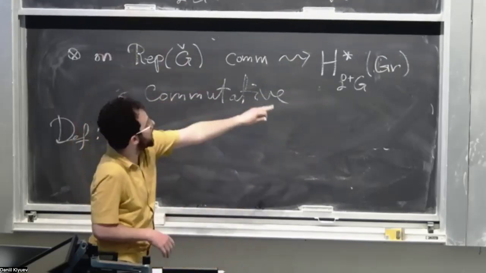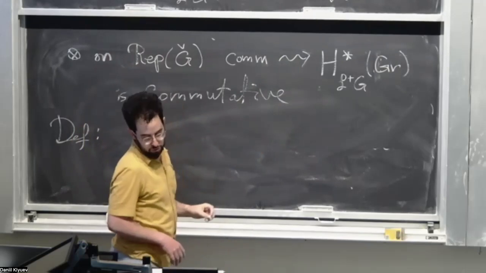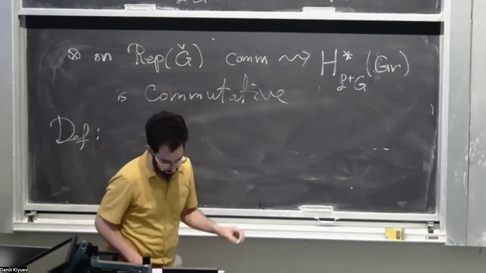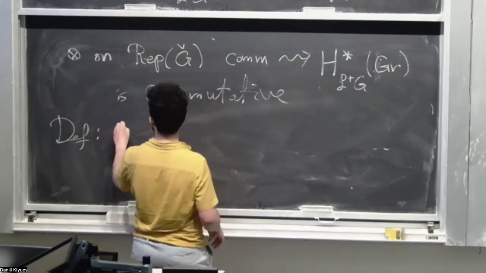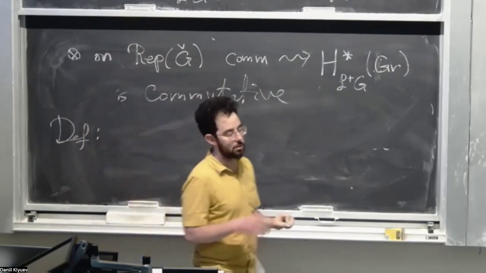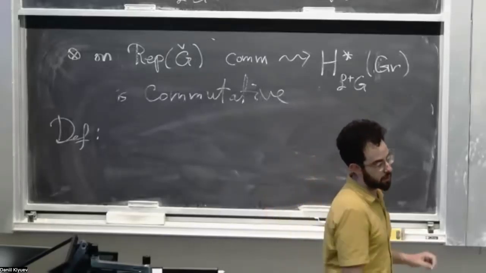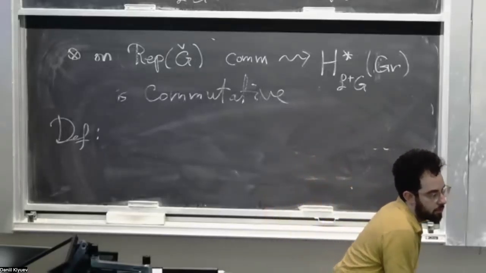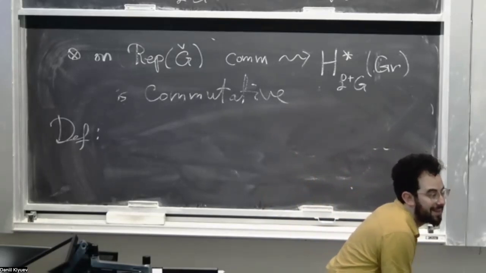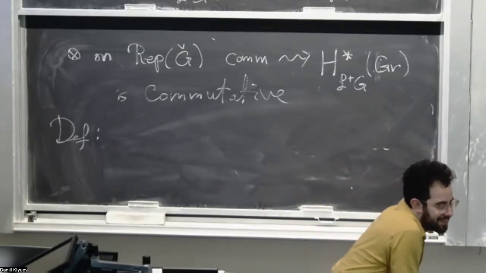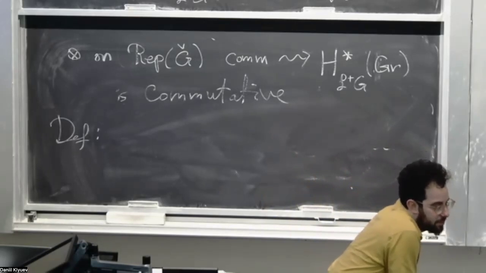So now we define a deformation of that. Maybe you meant the constant sheaf, but you want to do that at each level, not the constant sheaf on the whole.